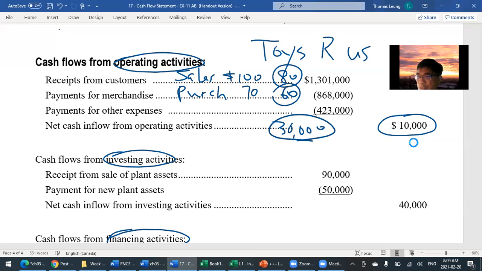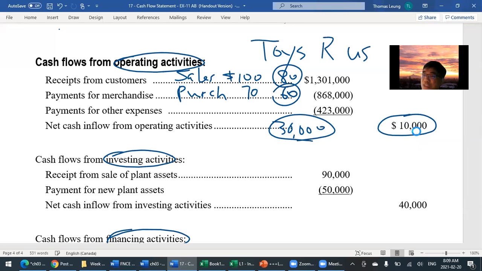But when I read this report, I found out that I have actually got $10,000 extra in my pocket. Then you know how much actually you can spend, right? Though you made a profit of $30,000, actually you have only $10,000 extra, and it means you can only spend $10,000 extra, right? Not 30,000.